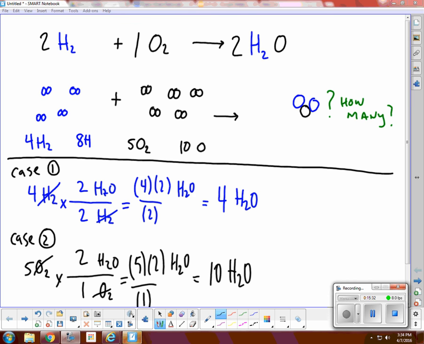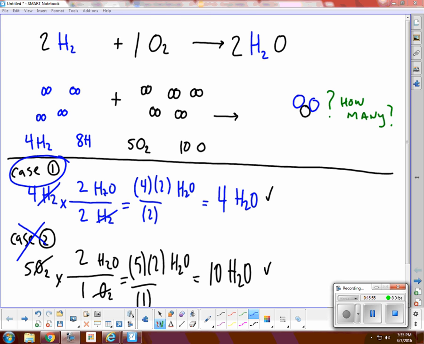So, which case actually occurs? Well, in case 1, we used up all the hydrogen, and we only got 4 waters. Case 2, we used up all the oxygen, and we got 10 waters. So which one could actually work? The answer is going to be case 1.